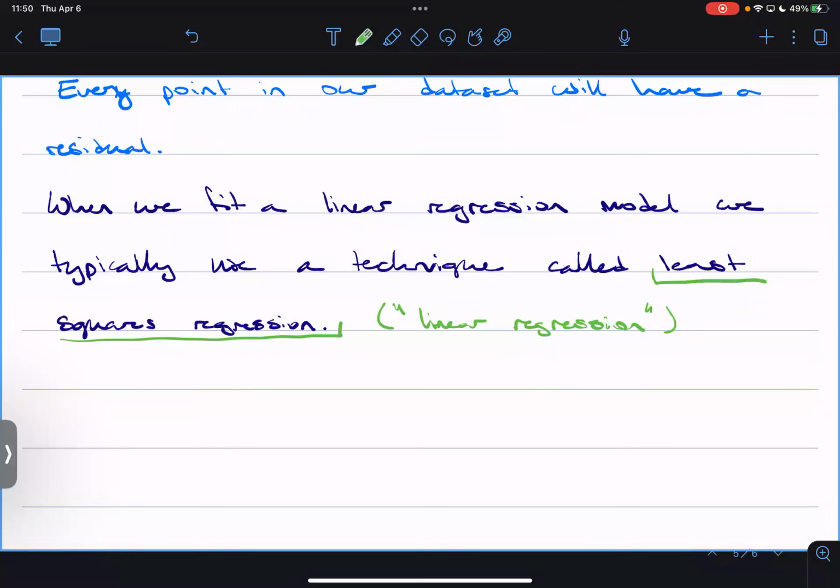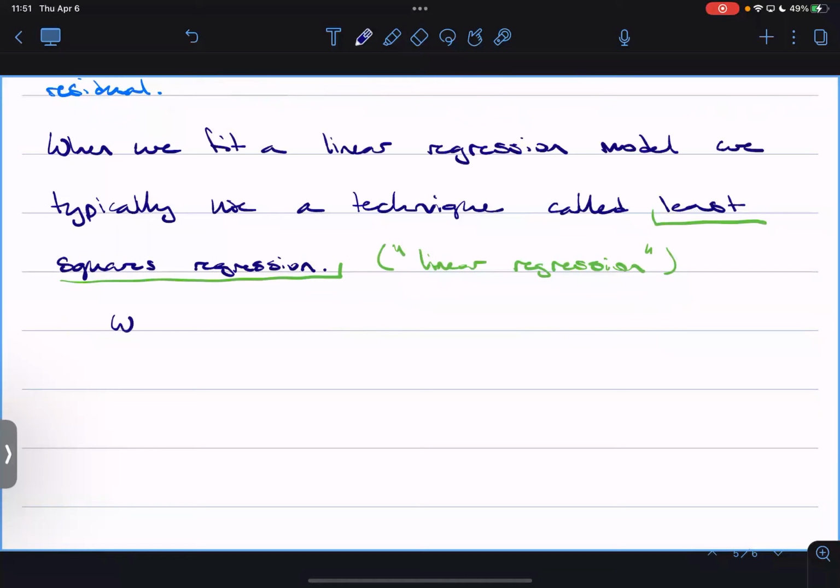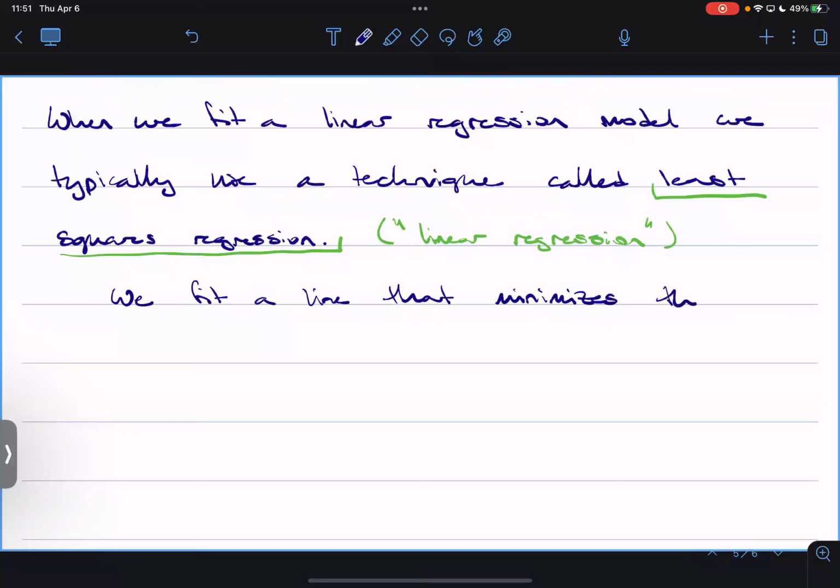It comes from the fact that we fit the line that minimizes the sum of the squared residuals.